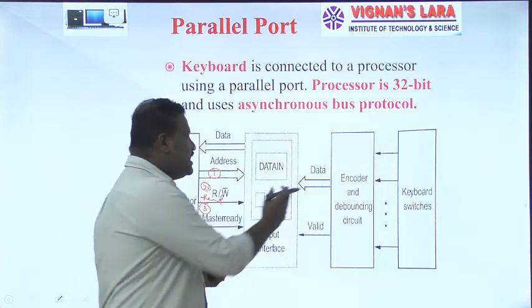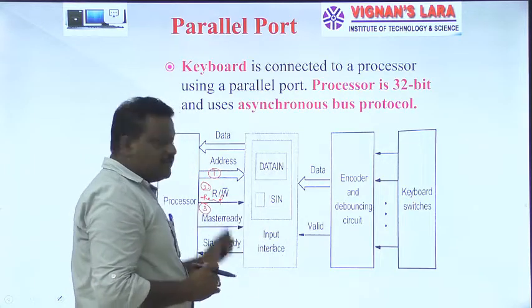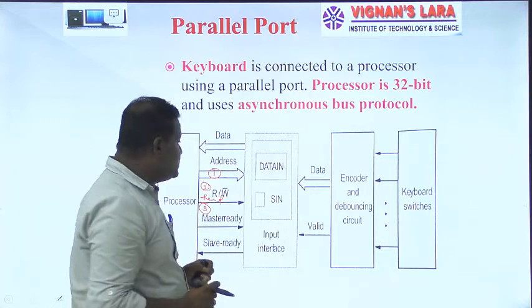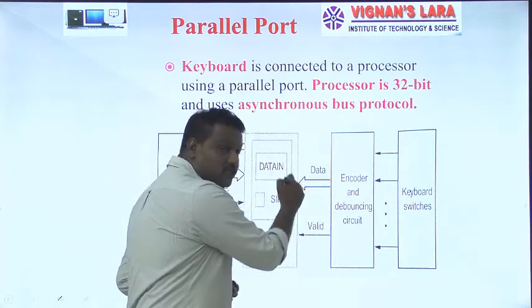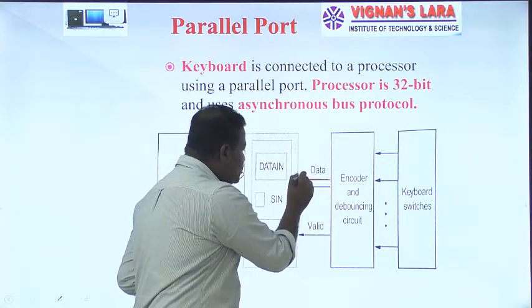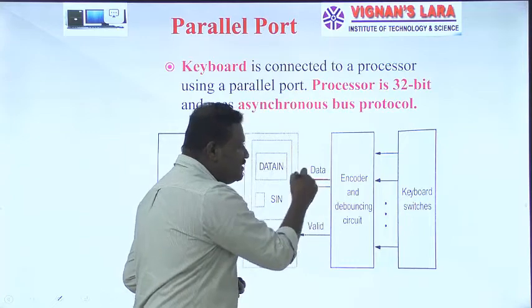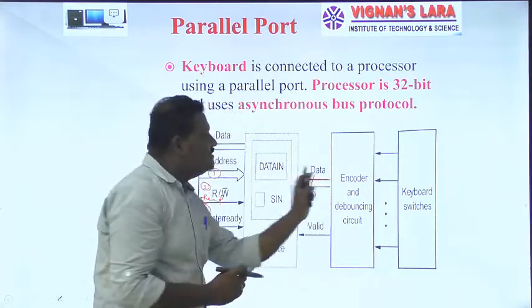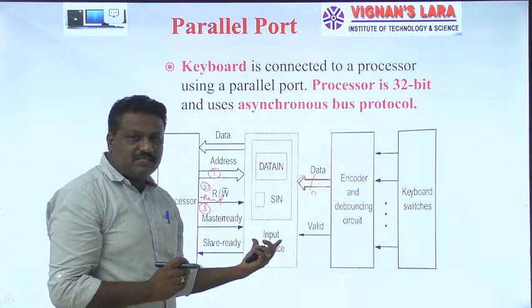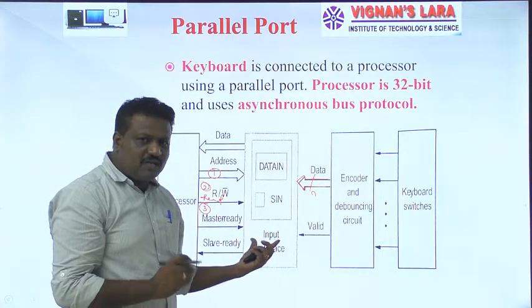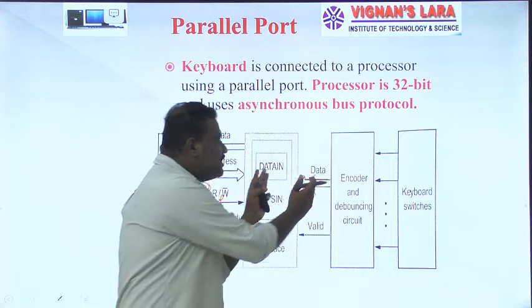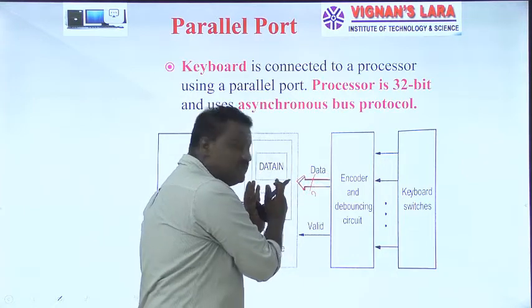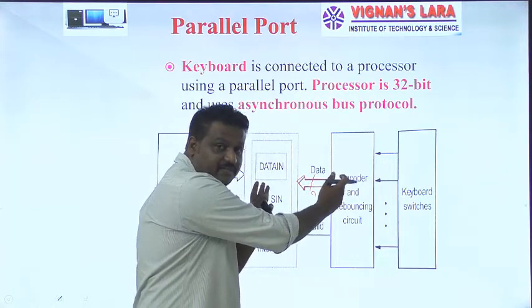That is then transferred to your input interface with the help of these data lines. This notation I use indicates that multiple bits are transferred between the input device and this input interface. So you can imagine what kind of connector we use between this interface and this input device.